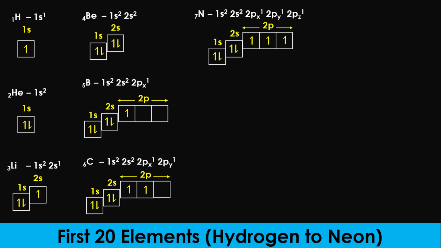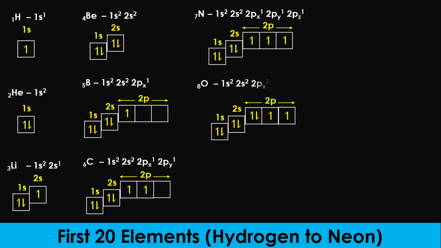Having completed the single occupancy of the degenerate 2p orbitals, the 8th electron in oxygen will pair up with any of the already existing single electrons but in an opposite spin in obedience to the Pauli exclusion principle, thereby giving oxygen an electronic configuration of 1s2, 2s2, 2px2, 2py1, 2pz1, or simply 1s2, 2s2, 2p4.